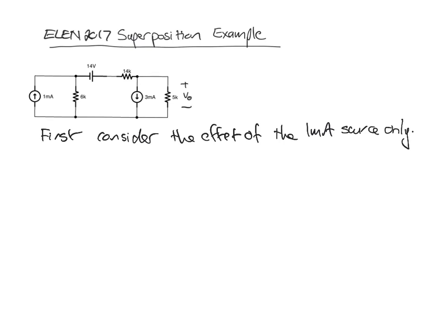So we're going to look at the 1 milliamp source, which is in parallel with the 6 kilo ohm resistor.